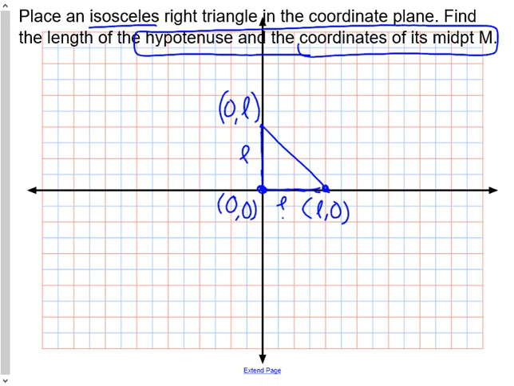We're basically doing distance between these 2 points. Well, we already have the two legs are both the same. So we're basically doing d equals the square root of, that one's going to be my a, and this one's going to be my b. Doesn't matter which one's which, but I have L squared plus L squared. How many L squared do I have? I have 2 of them. And then just a reminder of how square roots work.